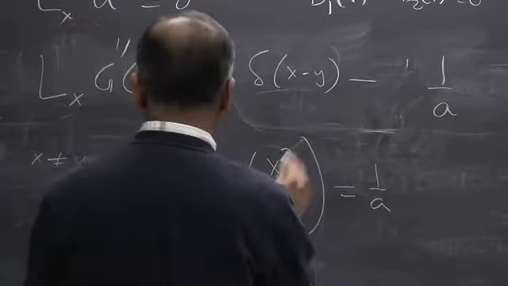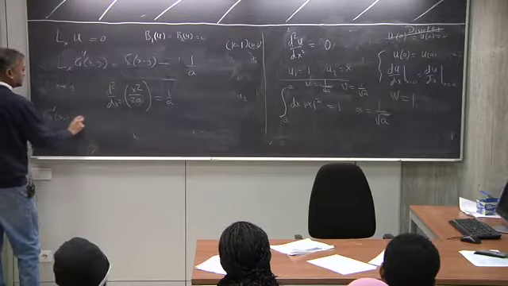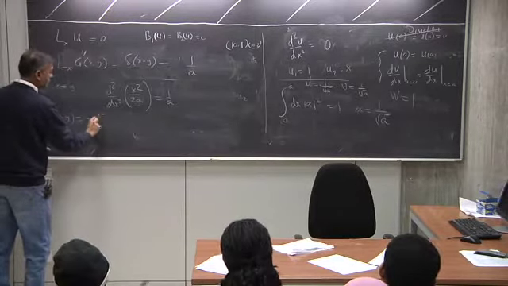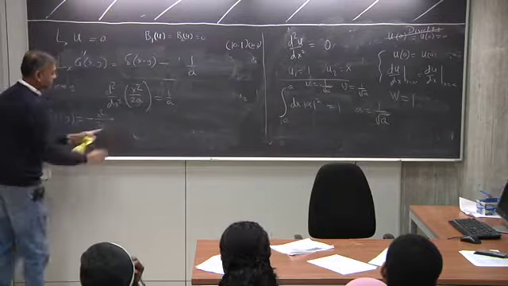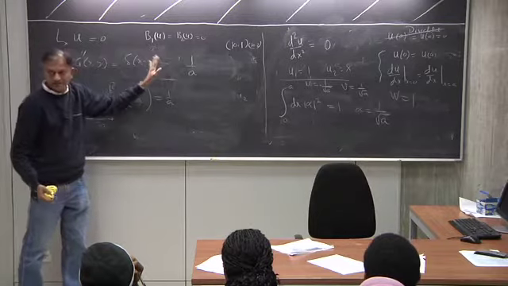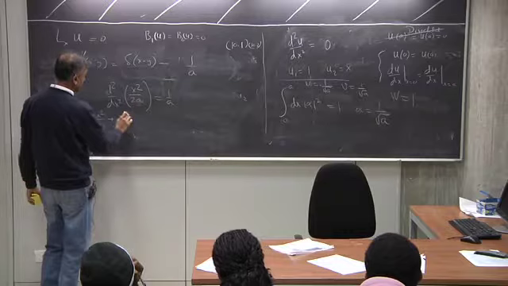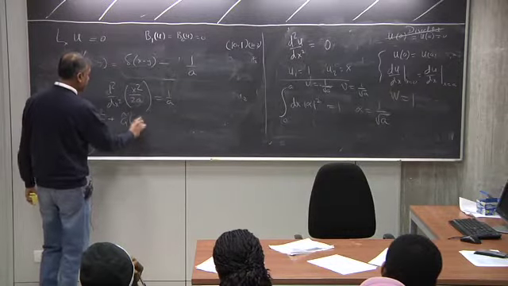So I can write the Green's function g prime of xy as minus x squared over 2a plus something which will satisfy the equation without this. So plus, let's call it g tilde.